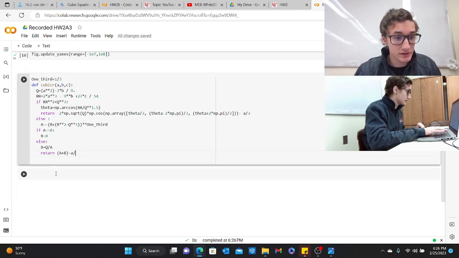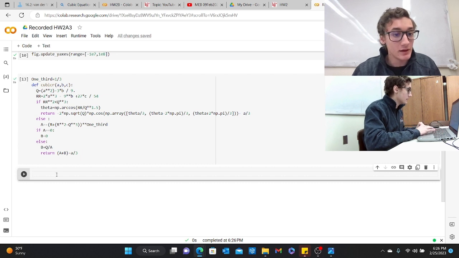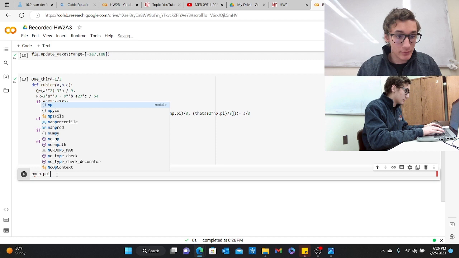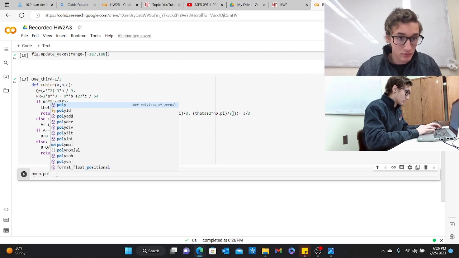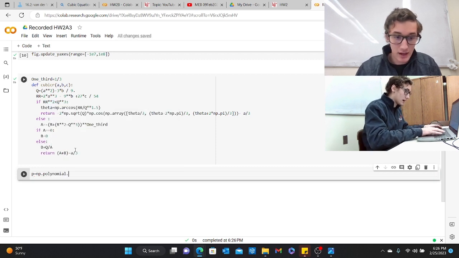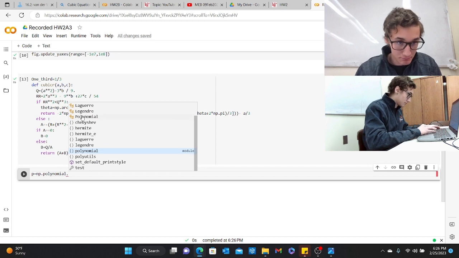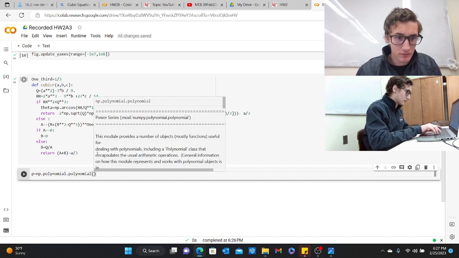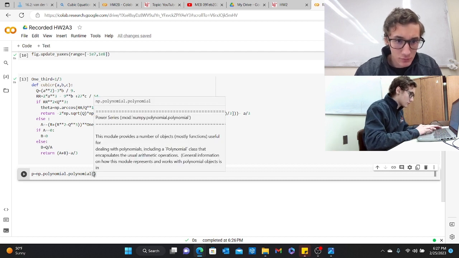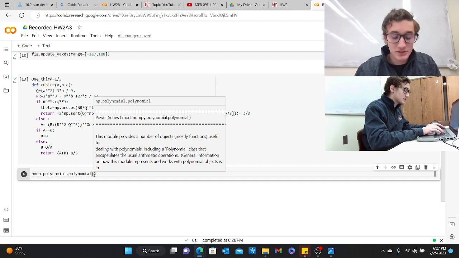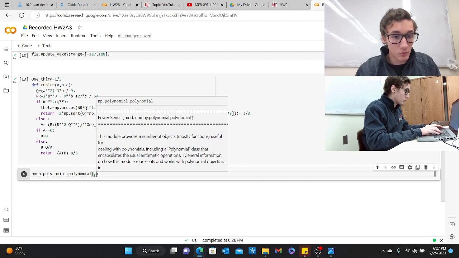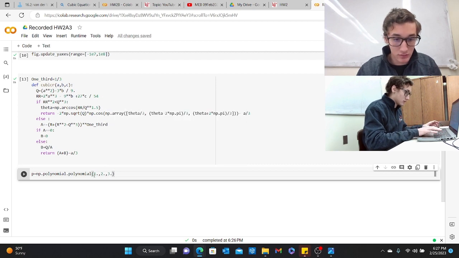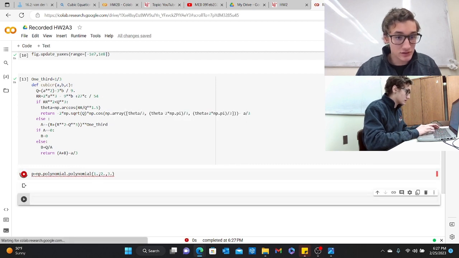So one way to test this is, oh geez, I didn't do that, is we can do p equals np dot polynomial. The polynomial module provides a number of objects. Let's see what happens if we put the roots as 1 dot, comma, 2 dot, comma, 3 dot. Oh geez.